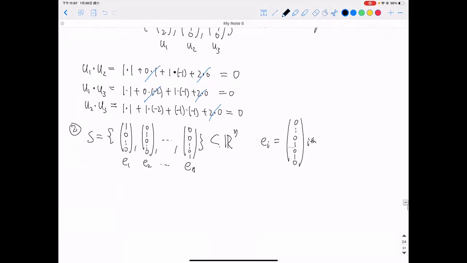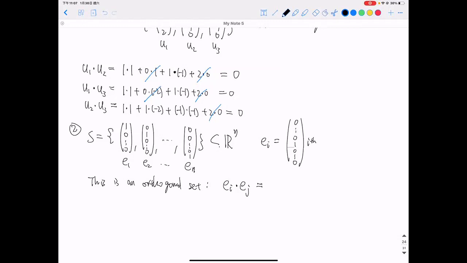Okay, so now I want to claim that this is an orthogonal set. And to see this, I just need to compute the dot product of ei and ej.